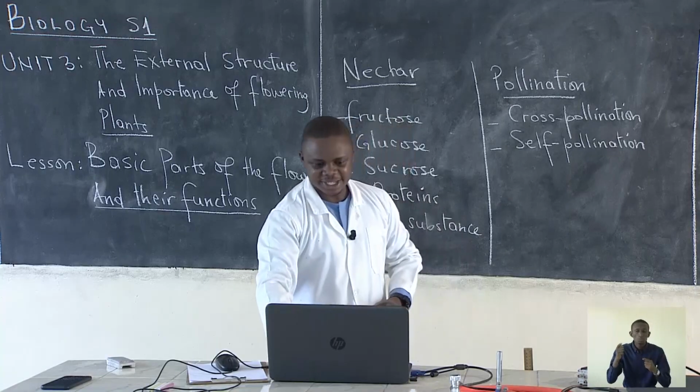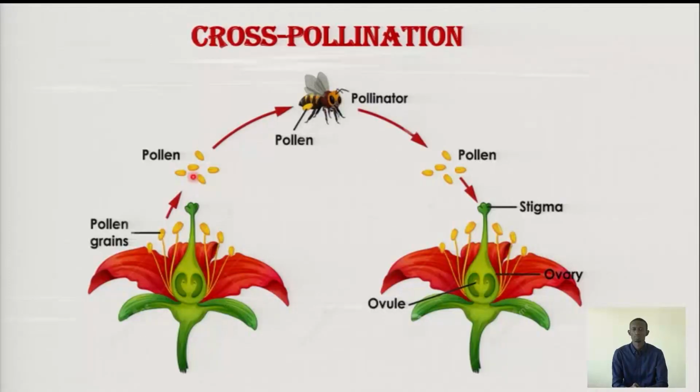Let us see on the diagram. This is our flower we talked about. This is another flower. You see they look the same, which means they are of the same species. And then with cross-pollination, these are the anthers, which produce pollen grains.